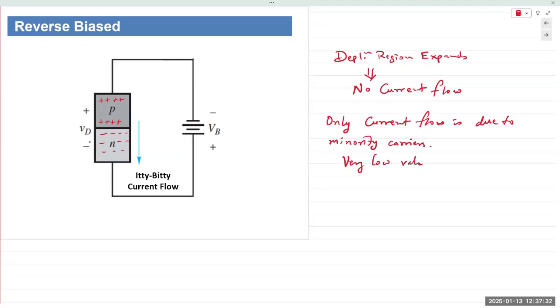It's very low in value. Typically, it's in the nanoamps to the femtoamps range, very, very small. Okay, so what are minority and majority charge carriers?